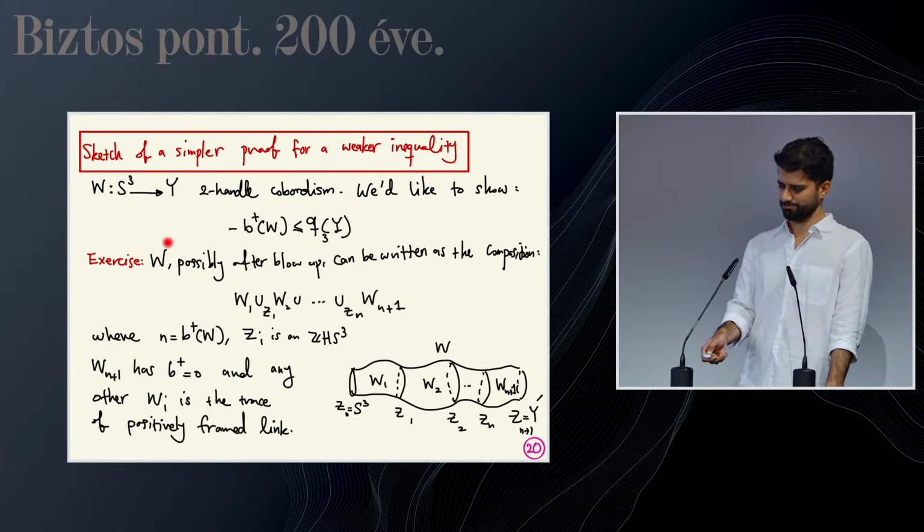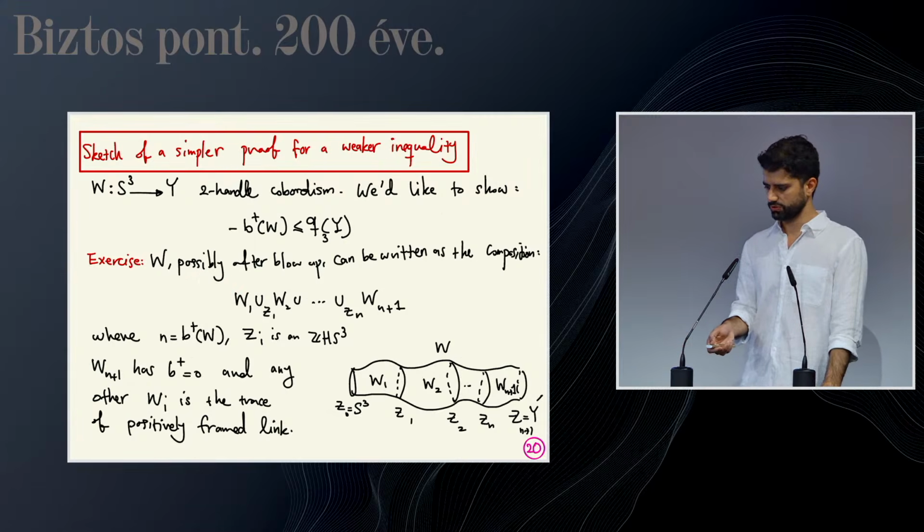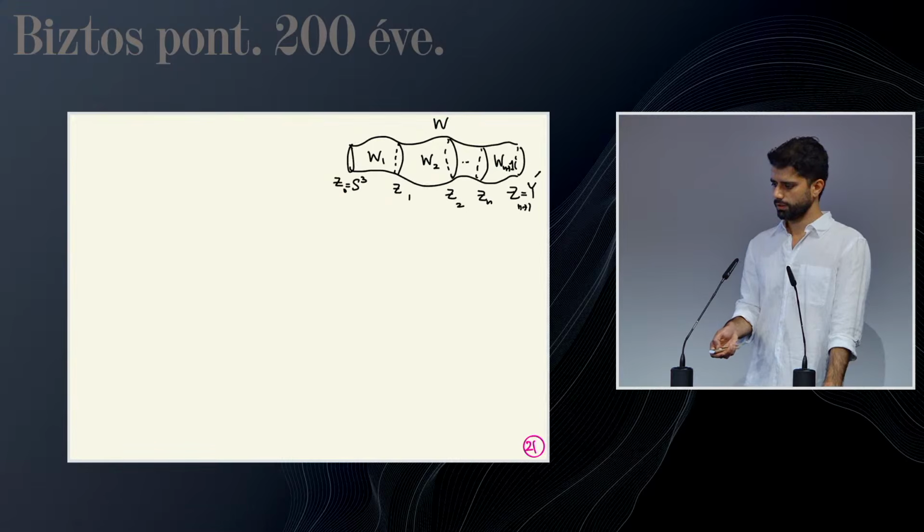It's again some elementary exercise to show the following: after blowing up your cobordism W, you can write it as a composition of a bunch of smaller cobordisms, so that the last one is a negative definite cobordism, so B plus is 0, and all the other ones are trace cobordisms of a knot inside an integer homology sphere. You're gluing a 2-handle to an integer homology sphere. So this is the splitting.